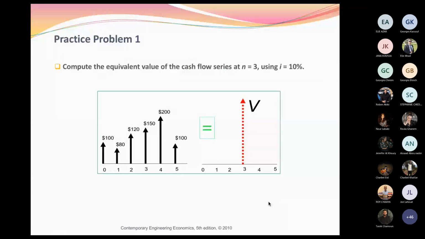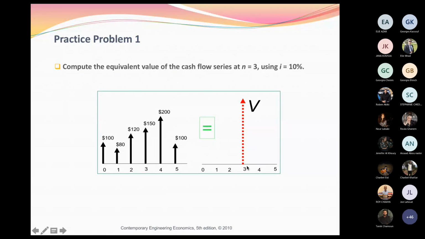Yalla, let's solve this problem. I have this cash flow with 6 transactions, one at 0, one at end of year 1, end of year 2, etc. I want to transform it and find its equivalent at 3.